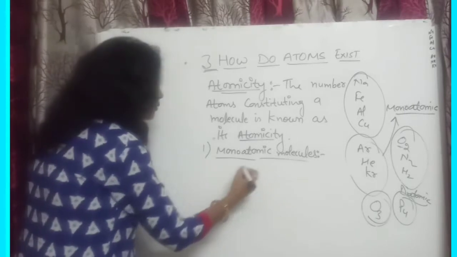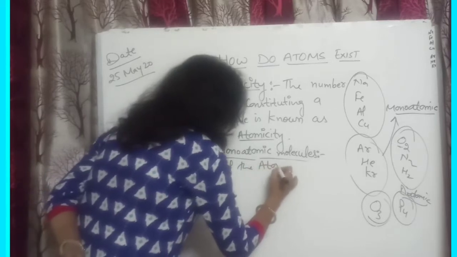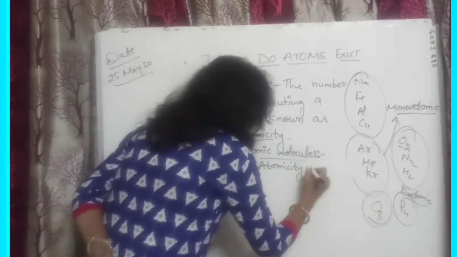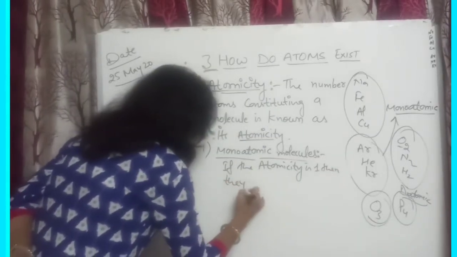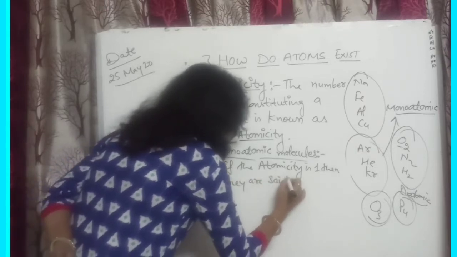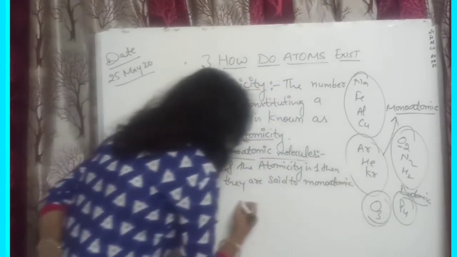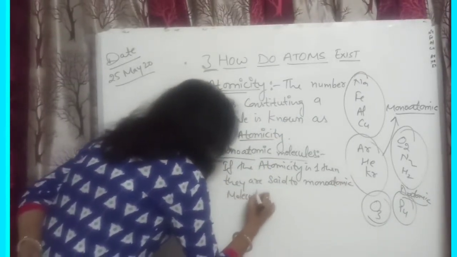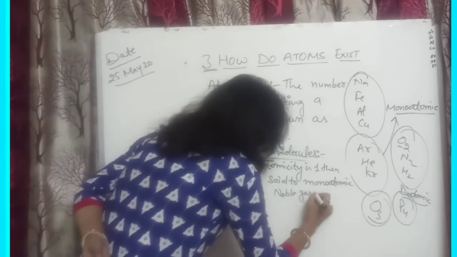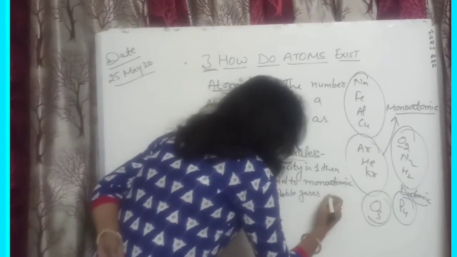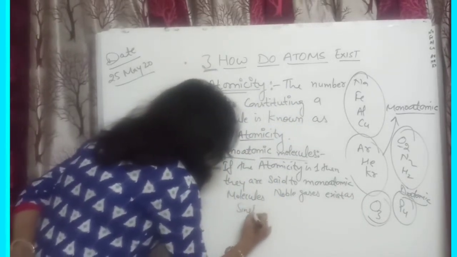So let us write monoatomic molecules. If the atomicity is 1, then they are said to be monoatomic molecules. Noble gases generally exist as single atoms.